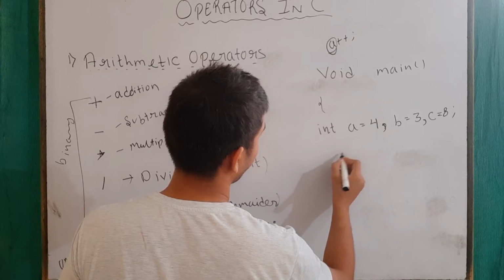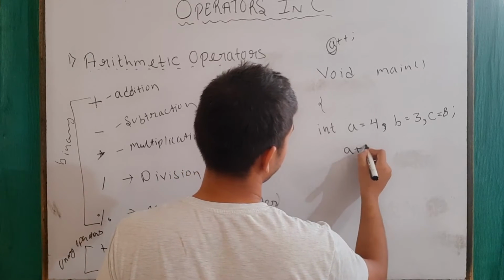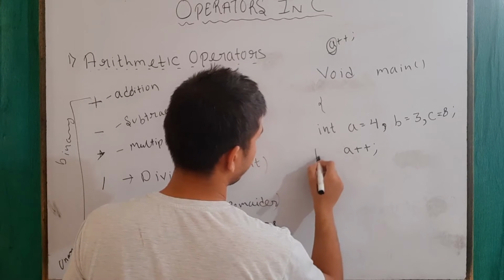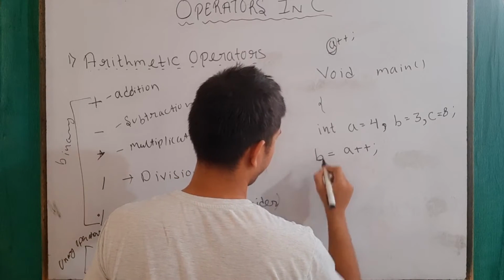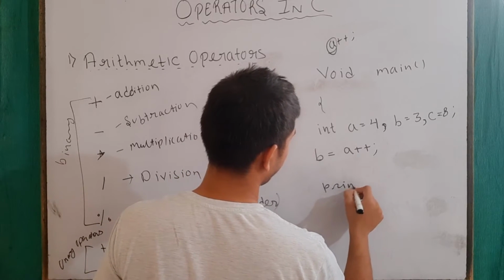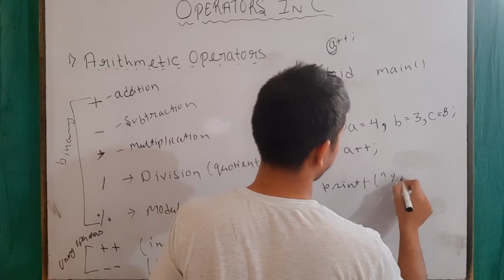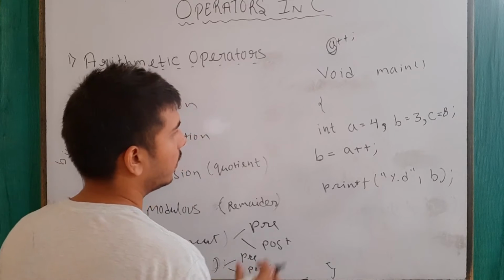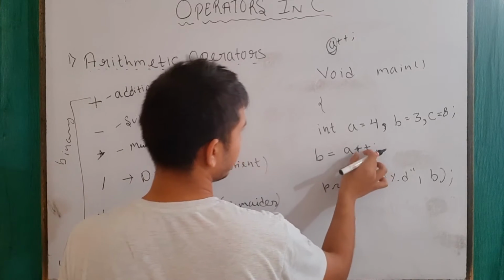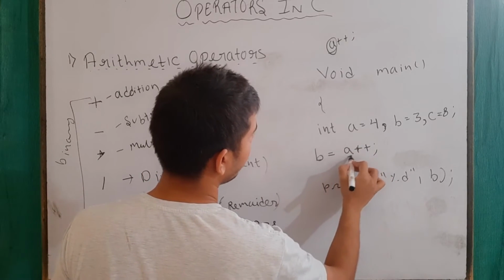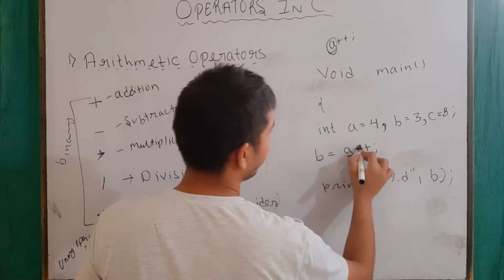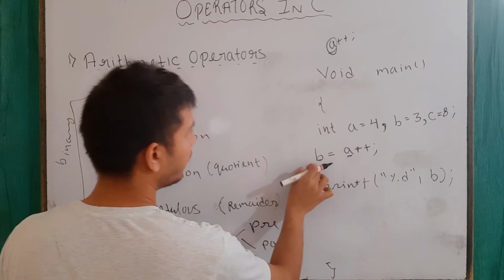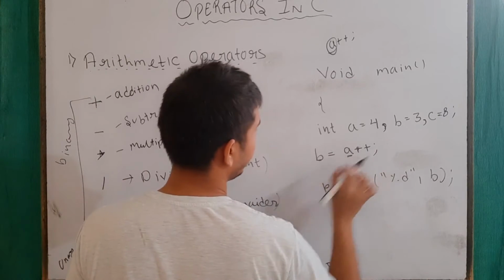Let's say I am writing a plus plus and assigning it to b, and I am writing printf of %d b. Now when the plus plus is written after the operand, what will happen? First the value will be assigned to the variable, then it will increase.